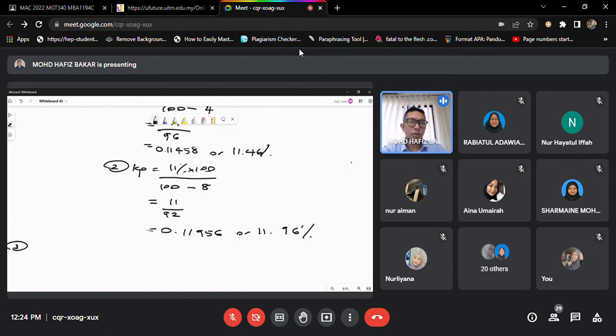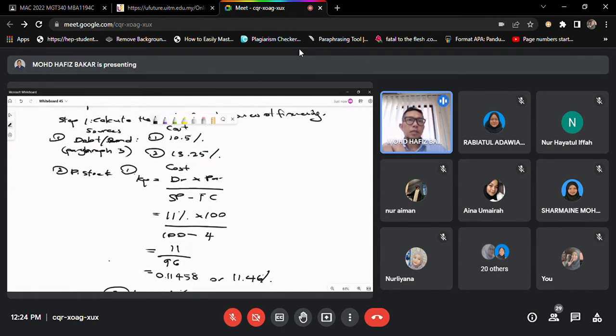And then the third one is your common equity. Okay, for common equity, they provide you two costs. One is the KRE, which is in the first paragraph. The preferred stock earlier was in paragraph number 2.